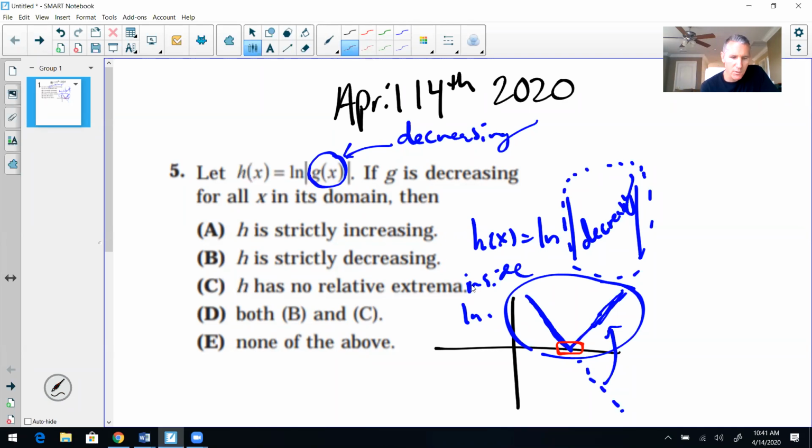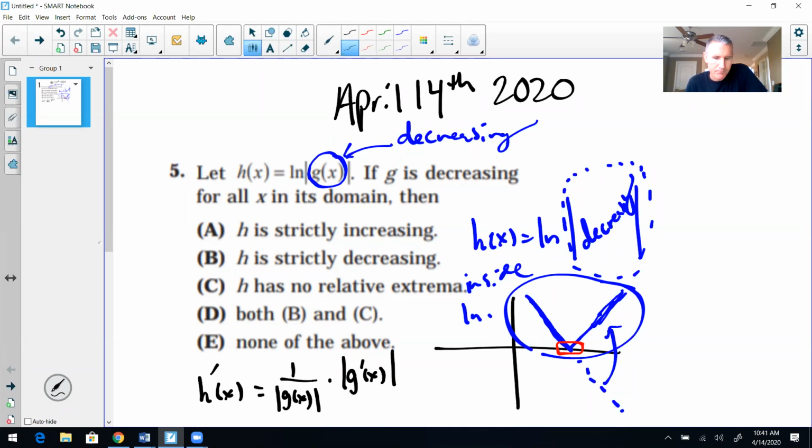one thing that we could do for h of x, talking about relative extrema, is look at the derivative. So h prime of x is equal to, what's the derivative of ln of anything? It's 1 over that anything times that anything prime, and that would also be absolute value like that.